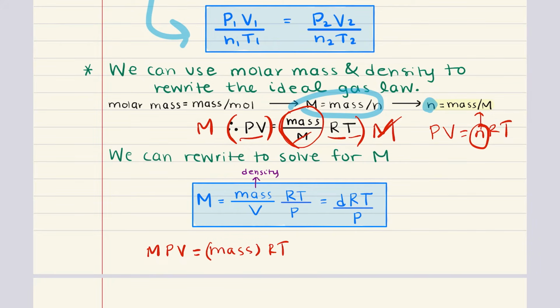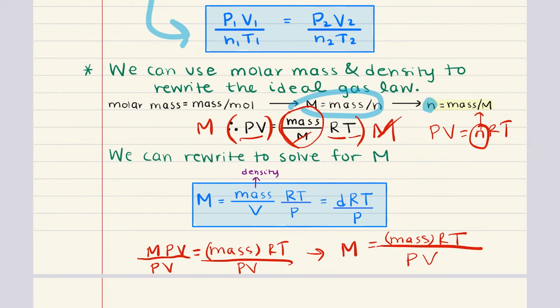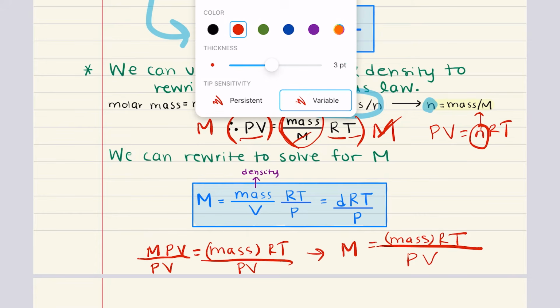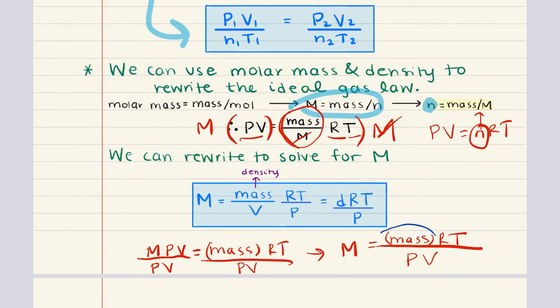The next thing we're going to do is divide both sides by PV, by pressure and volume. Now we get that molar mass is equal to mass multiplied by RT over PV. Now here's something that's really cool. Mass divided by volume is equal to density. So we can go ahead and rewrite mass over volume as density.